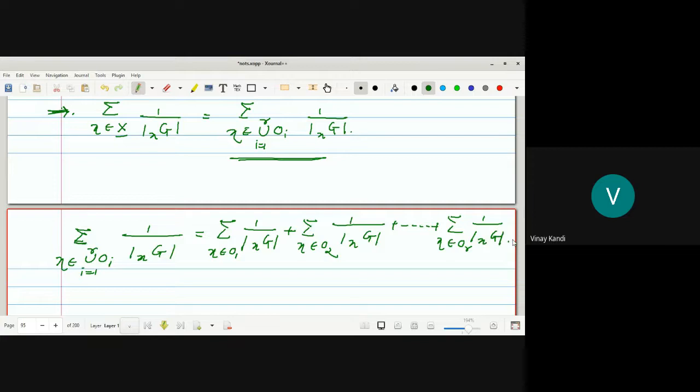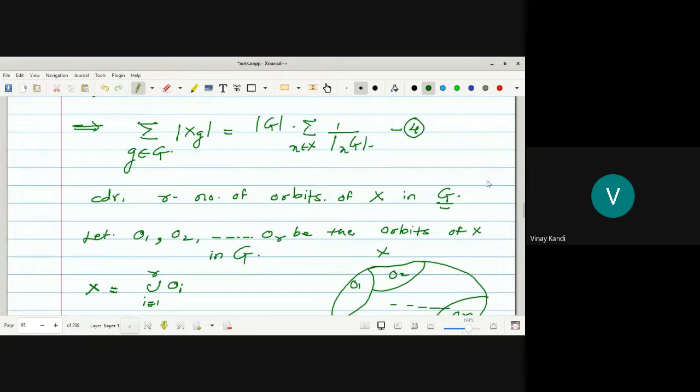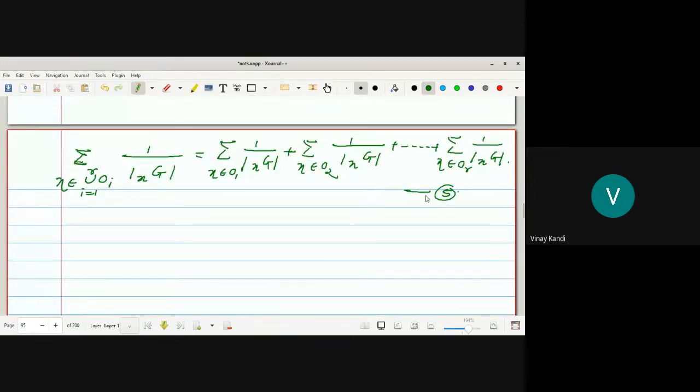Is it correct? Yes, sir. Suppose this is equation number 5. Now we have to find the value of this one first. Let us find its value, then look at the next part.